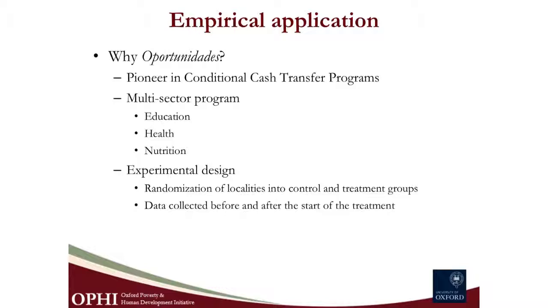It was the pioneer in conditional cash transfers, a huge program, very important. There's been a landmark after this, conditional cash transfers became the thing to do. It's a multisectoral program, so it tries to tackle these poverty traps in a multidimensional way. They give, as most of you probably know, educational grants conditional on kids attending school.